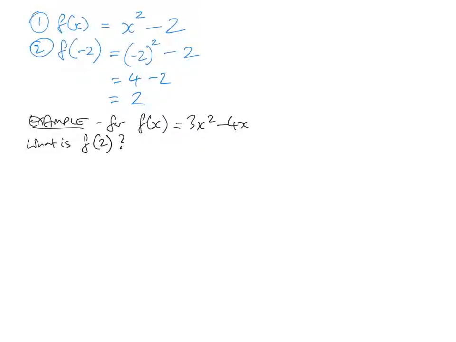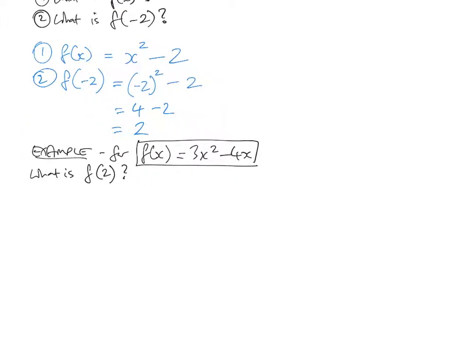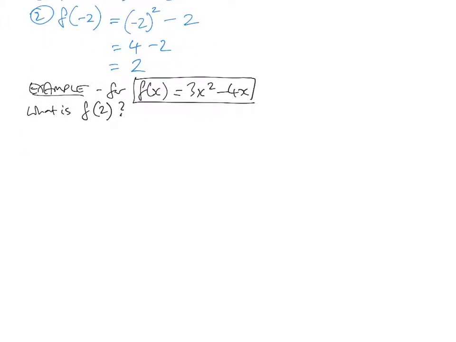So here, in the questions that you're getting in your booklet, you're given what the function of x is. This is telling you straight up what's happening to the input if it was x. So you don't need to go through that step that I've shown above of working out what the actual function is that's being applied to the input and then working out how you would write that if the input was x. So that makes your job a little easier. What is f of 2?